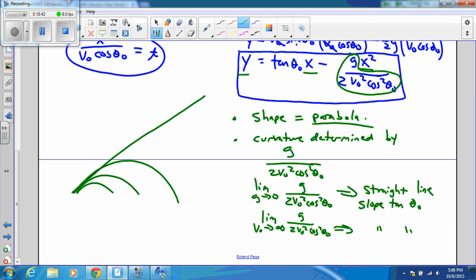What this means is that as I go from a small v0 to a larger v0 to an even larger v0 to an infinite v0, then my curve gets larger and larger, broader and broader, more like a straight line.